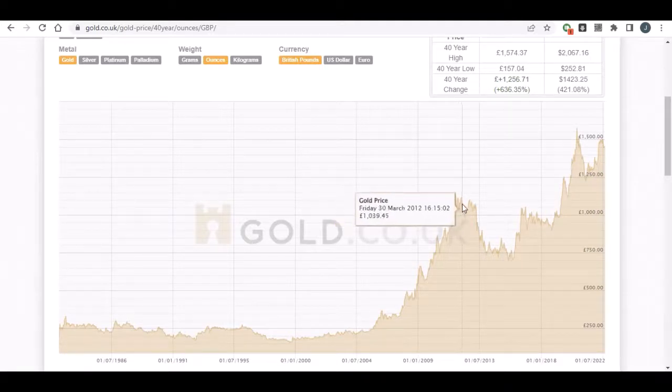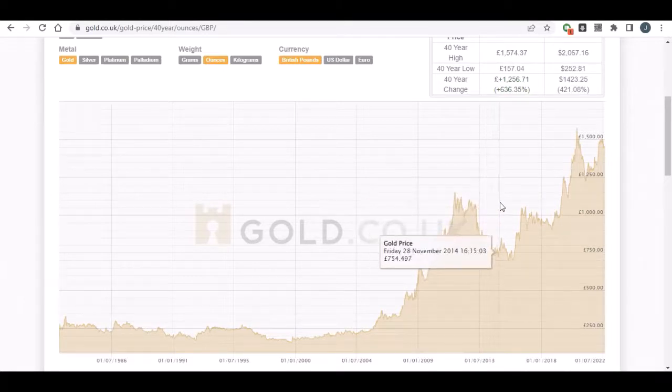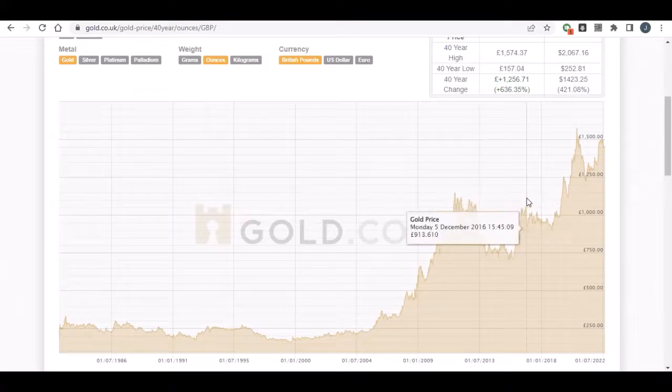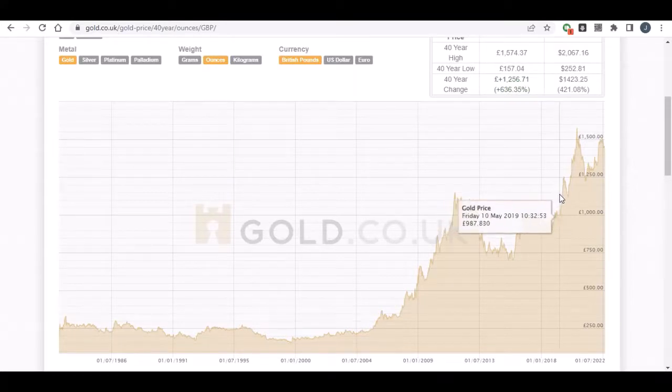However, from 2011, so these points here, the value was around about 1,100, and then you would have been in negative territory all the way across here from 2011 until 2019.